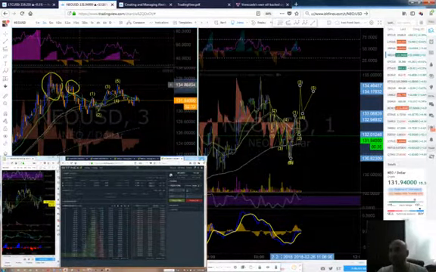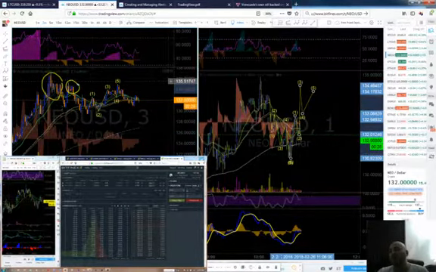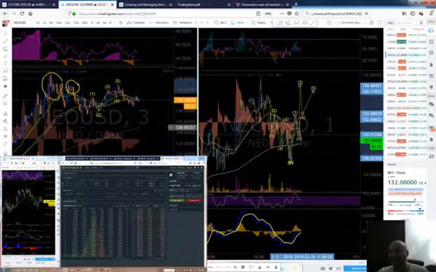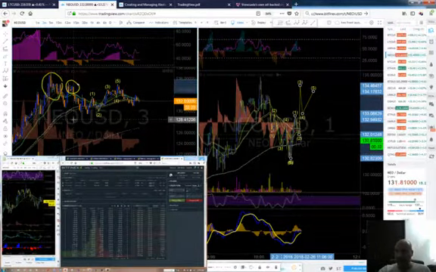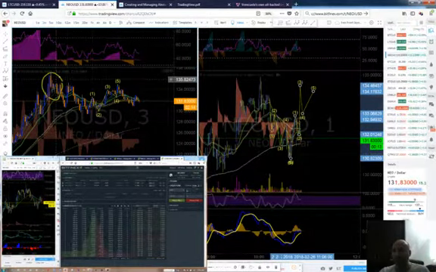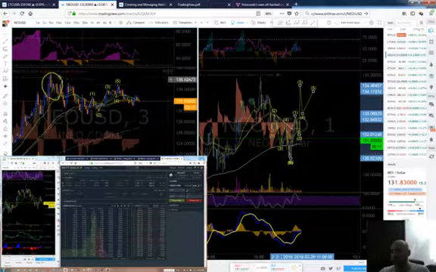Okay, you get a double top. And now, yeah, some people will say A, B, C, D, E, F, G, H, I, J, K, right? But that is what the psychology comes up with. That's why this thing formed. It's a battle between the ones that are organized and the ones that are not.